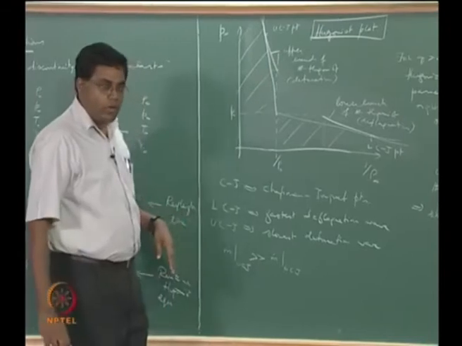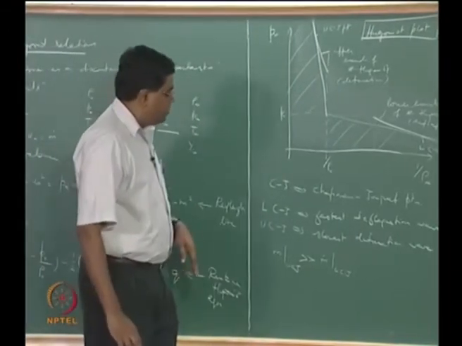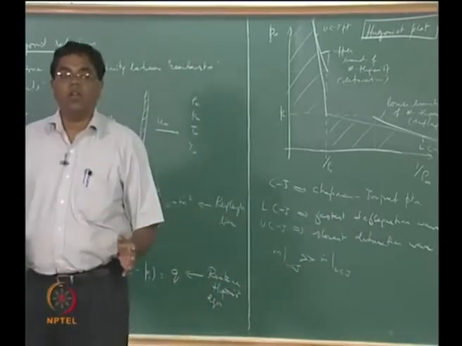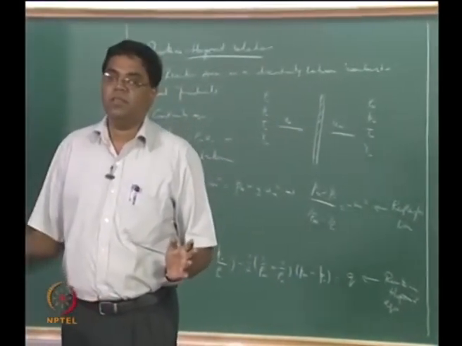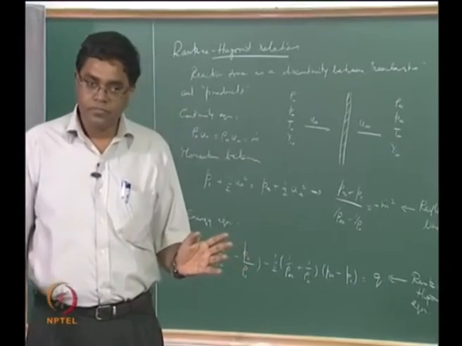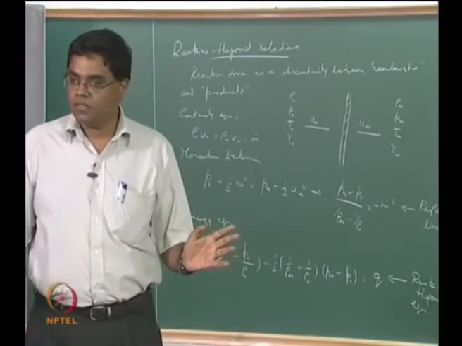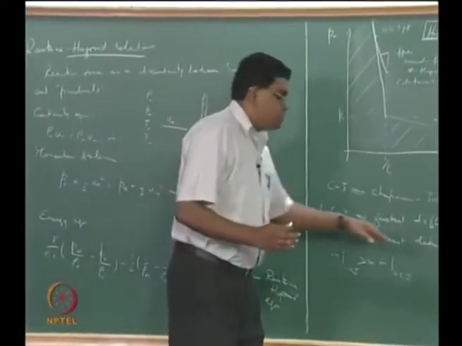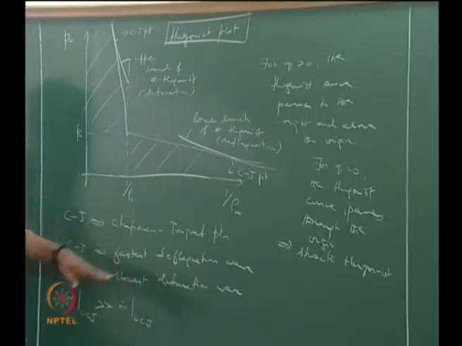So what we are talking about here is for deflagration waves, your u naughts are of the order of a few tens of centimeters per second under laminar conditions, which is still less than a meter per second, but your detonation waves are typically of the order of a few kilometers per second.